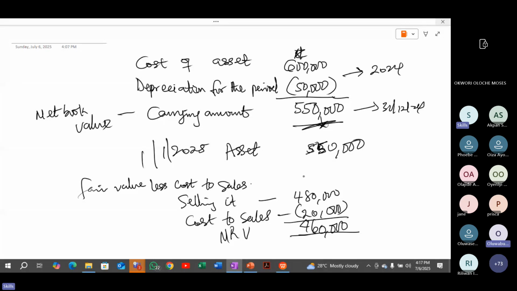This one is not part of our scheme, but I'm just using it to buttress what we are doing in class to make it easier. If you want to bargain your salary, you need to bargain on the net, not on the gross. If you bargain on the gross, don't forget that you'll be subjected to tax, and they will want to bring you down. But if you bargain on the net, you will get more money at the end of the month. That means you must be very vigilant in negotiation.